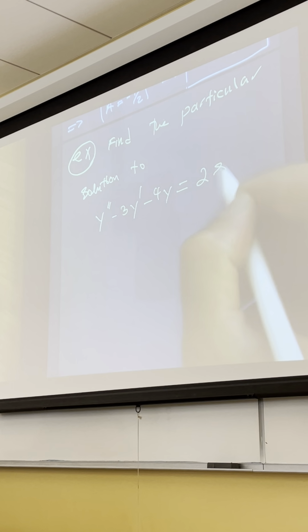So I'll have you try this. Find the general, or let's just do the particular solution to y double prime minus 3y prime minus 4y equals 2 sine of t.